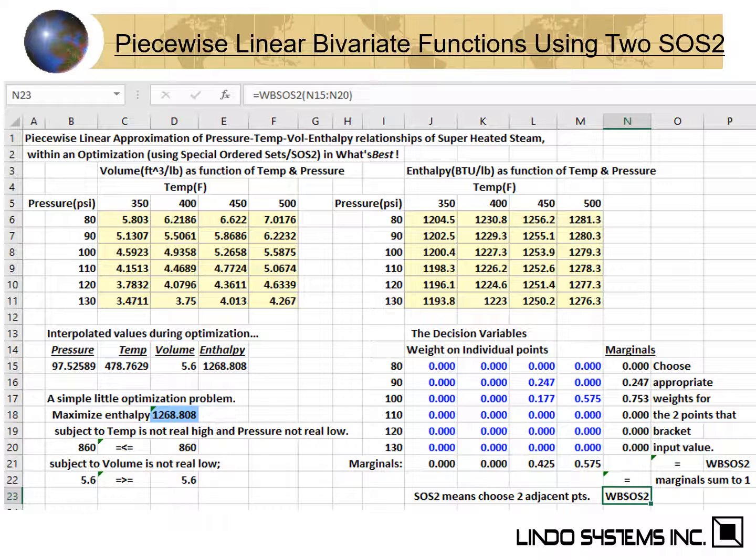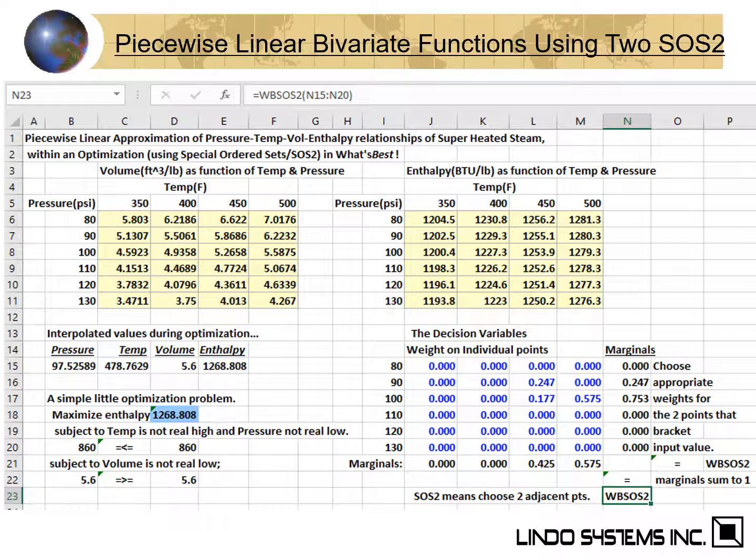So for example, if we're going to have a pressure of 97.52 and a temperature of 478.76 over there on the middle left, you can see that you can achieve that by putting these weights on the lower right in the blue here on the related points.